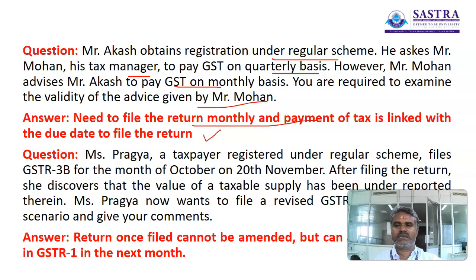The next one, Mr. Prakya, taxpayer registered under a regular scheme. Files GSTR 3B for the month of October on 20th November. Okay. After filing the return, she discovered that the value of taxable supply has been underreported.